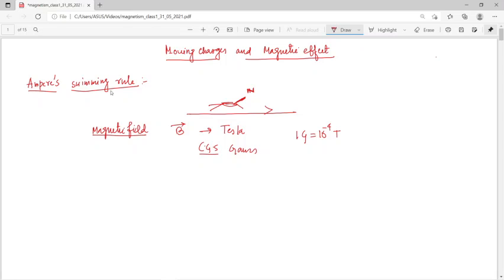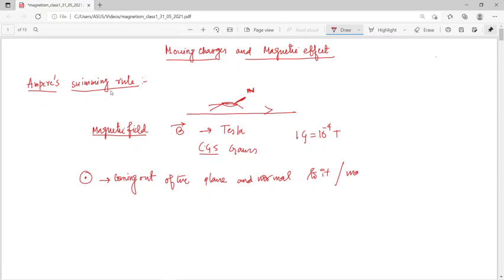Now the notation used: the conventional sign for a magnetic field coming out of the plane and normal to it is denoted by a dot.